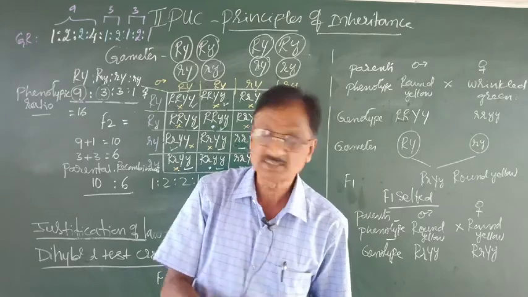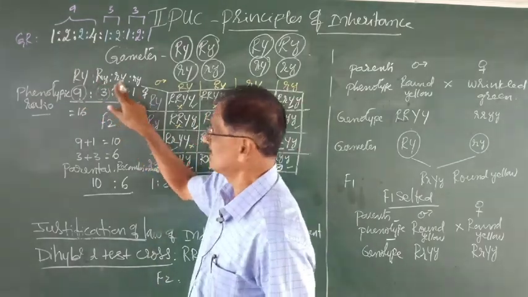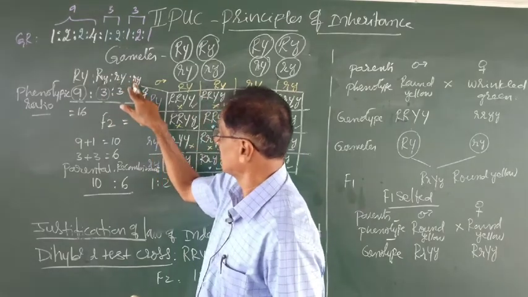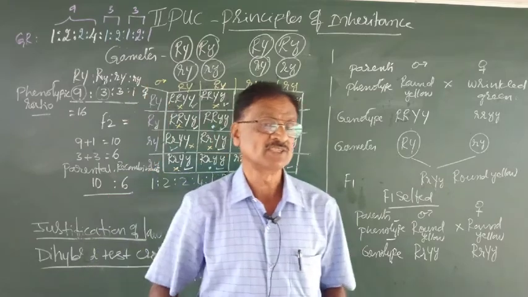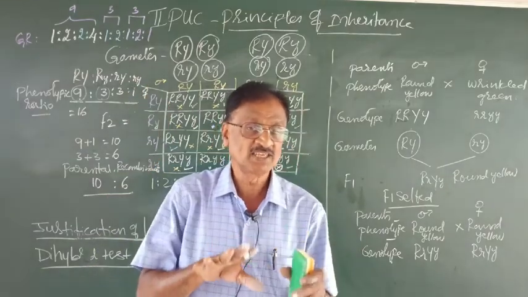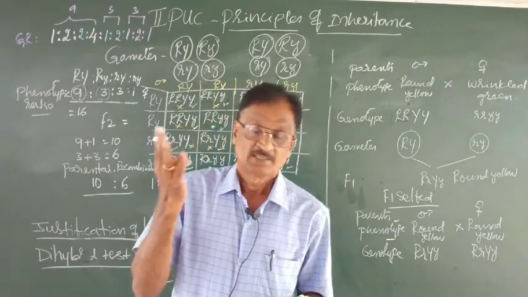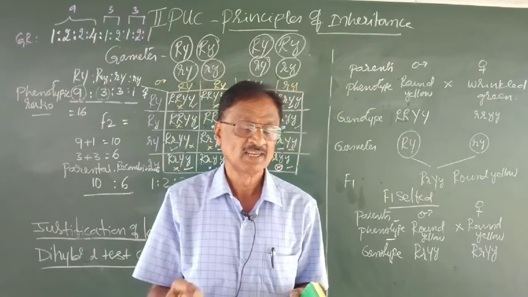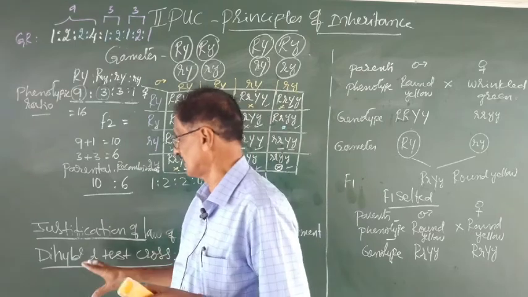So the appearance of round green, wrinkled yellow, and again the parental character wrinkled green in the F2 generation is due to the application of what?